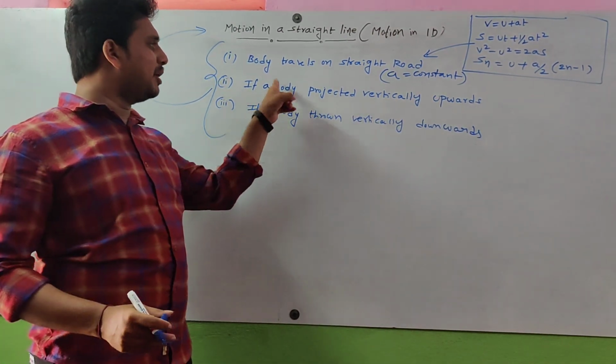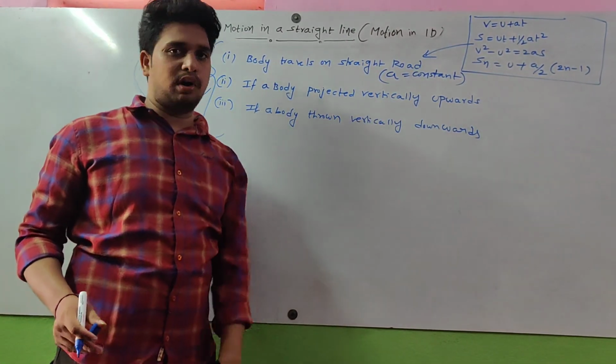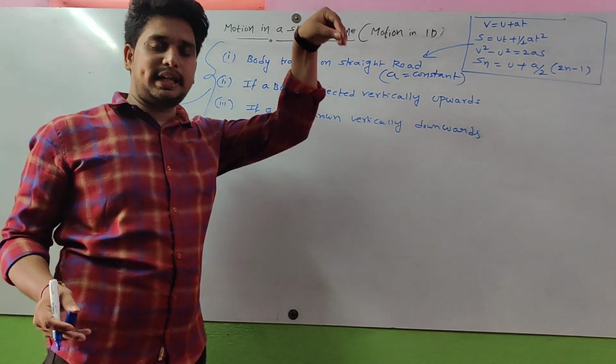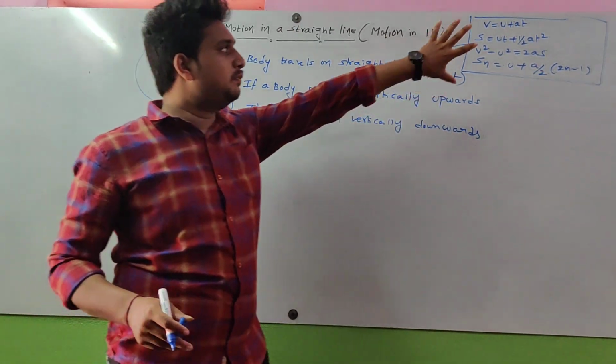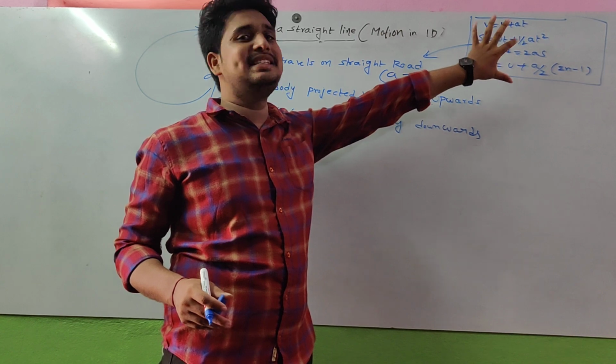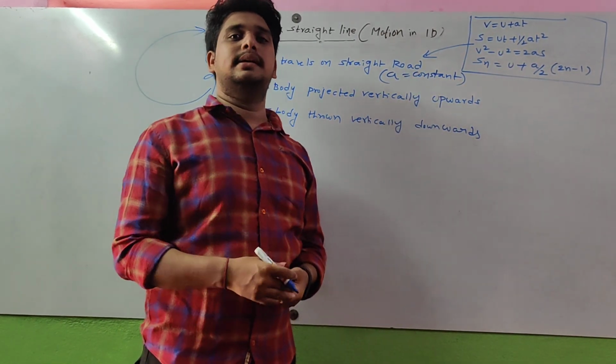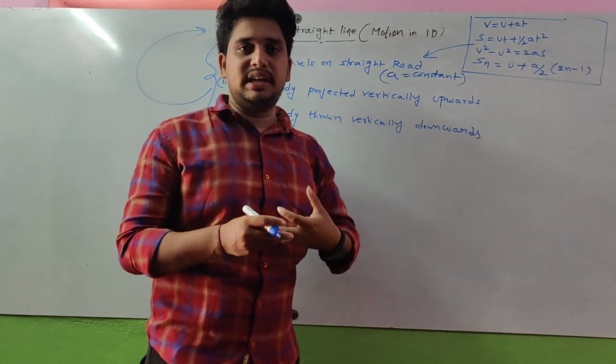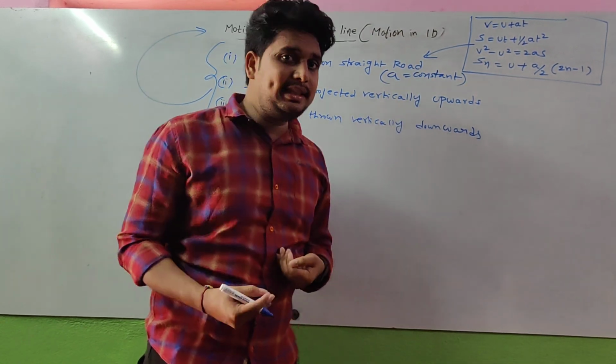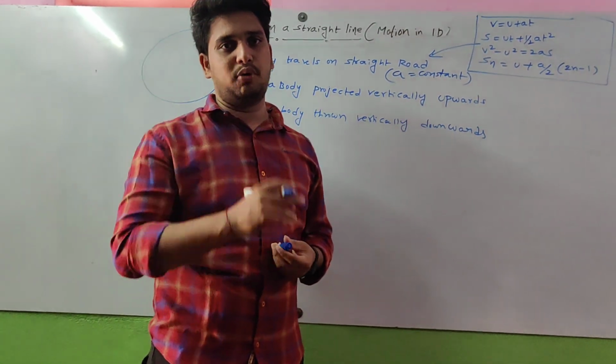If your body is projected vertically upwards or thrown vertically downwards, these four equations are slightly changed. I discuss how and why these equations change. That is very important.